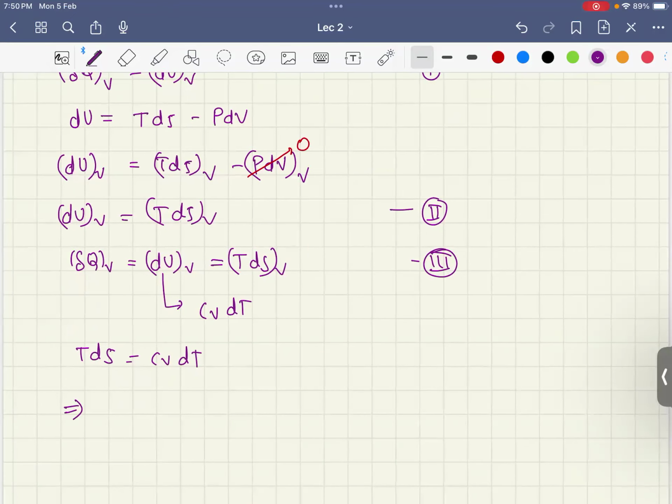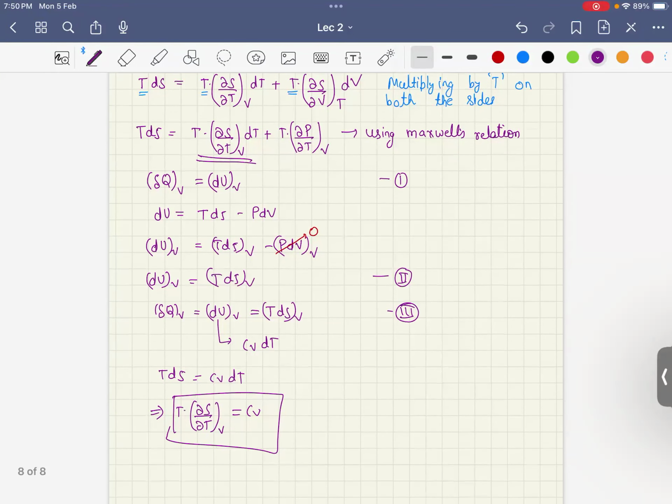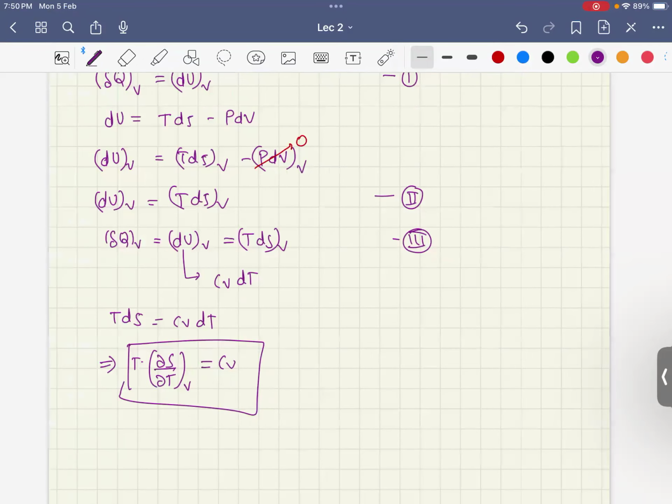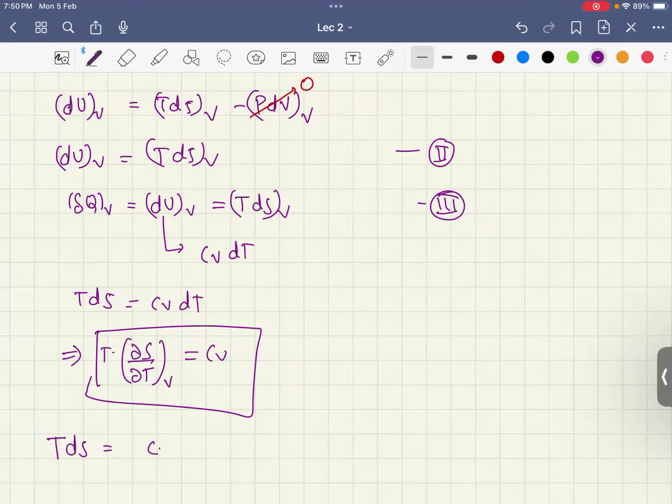Now what does this mean? T (∂S/∂T) at constant volume is nothing but CV. But what is this? This again comes here. So now what we can do is again write that TdS is nothing but CV.